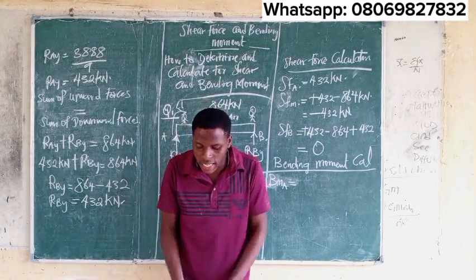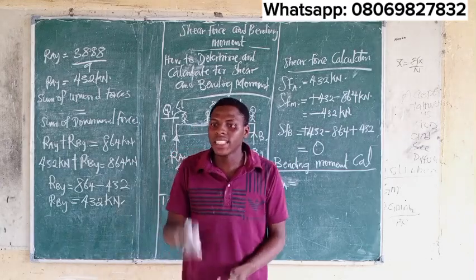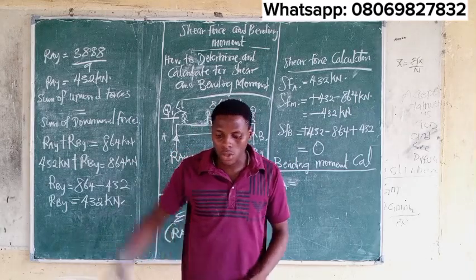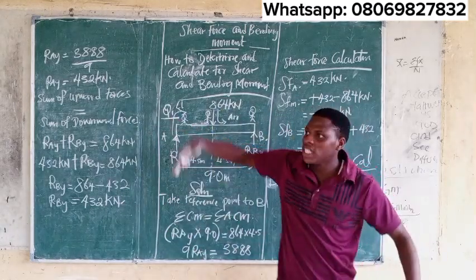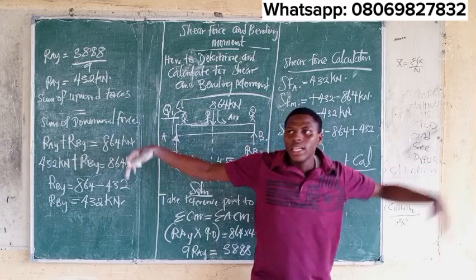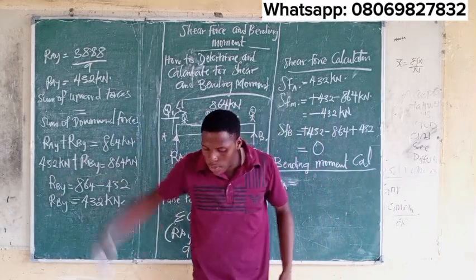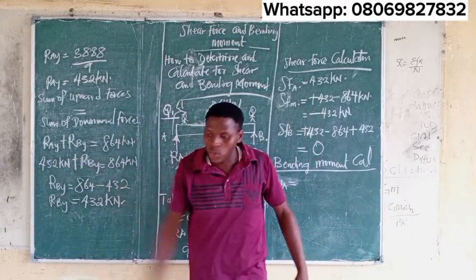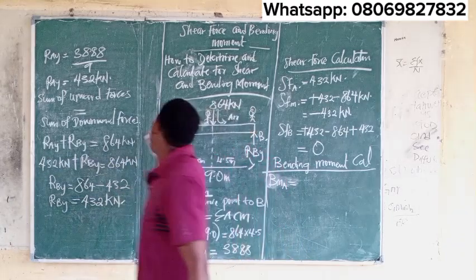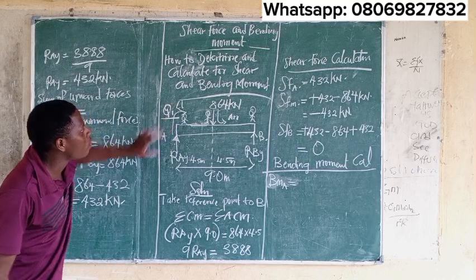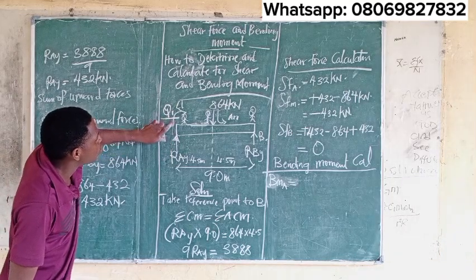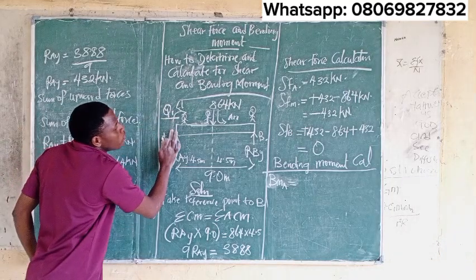Now, let's say you are standing at point A. What are the forces coming to point A? You are not seeing any force on this side. This is what we are considering, not the other side. We are not seeing any force coming to point A. Forget this one, this was the anti-clockwise force we took.